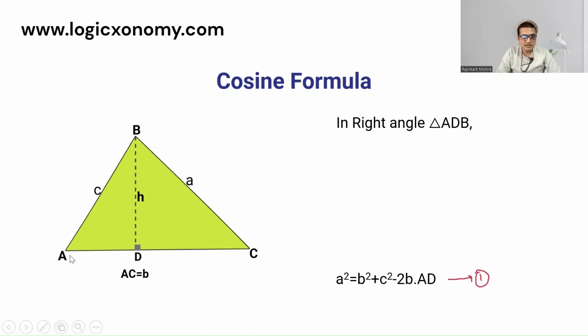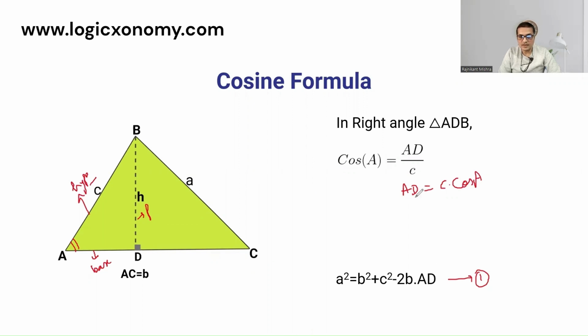In right angle triangle ADB, for angle A, this is the base, this is the perpendicular, and this is your hypotenuse. So cos A is equal to AD by c, base by hypotenuse, or AD is equal to c into cos A. Put this value of AD in this equation.